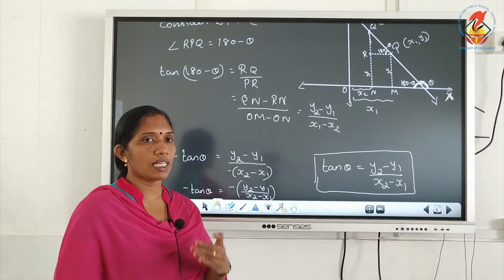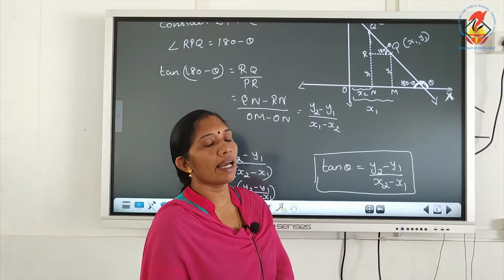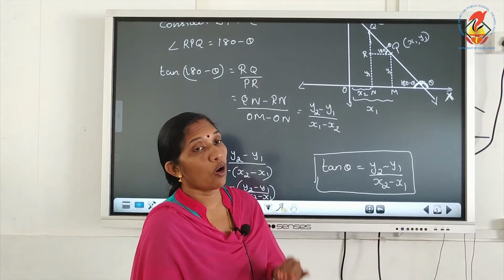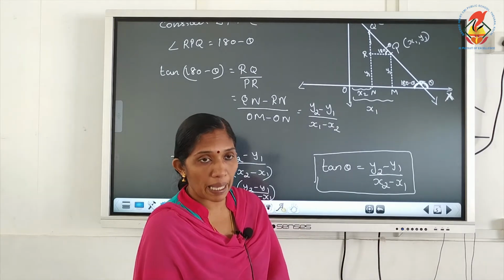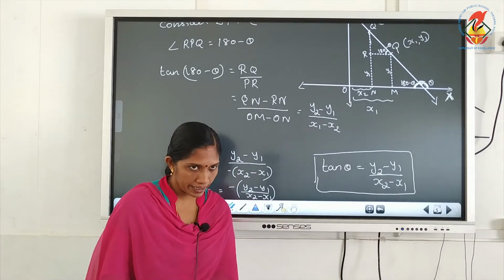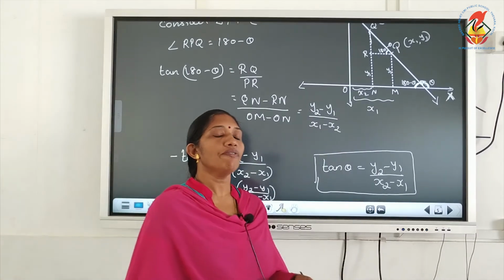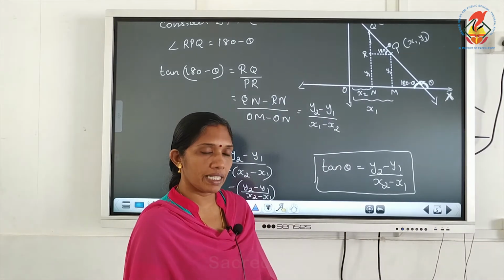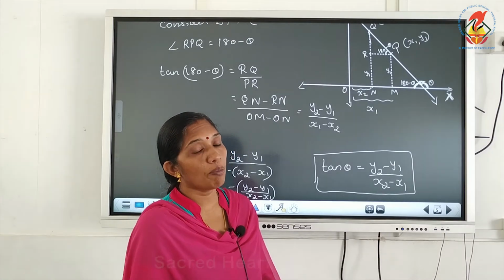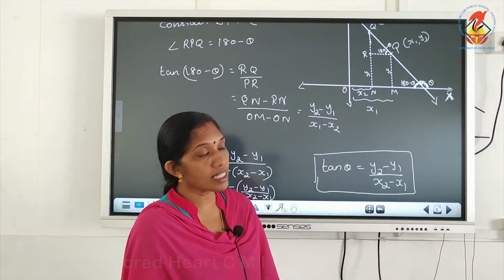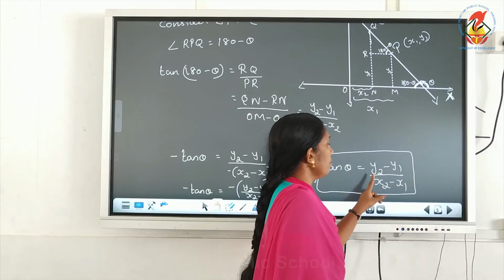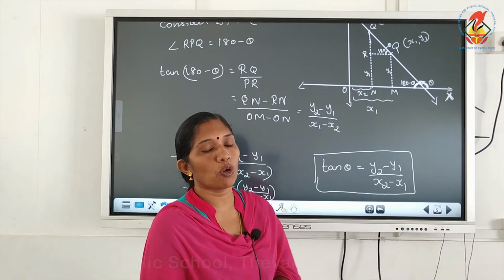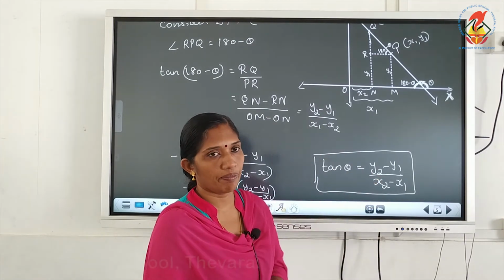Once again, if theta is the angle of inclination of a line, then the slope of that line is m is equal to tan theta. Then if the line passes through two points (x1, y1) and (x2, y2), then the slope of the line is defined as y2 minus y1 by x2 minus x1. Whether this theta is acute or obtuse, the result is the same.